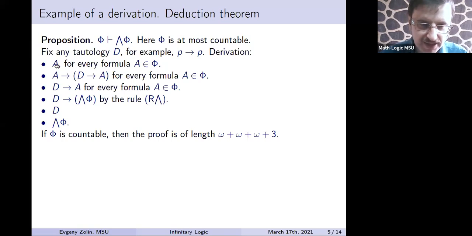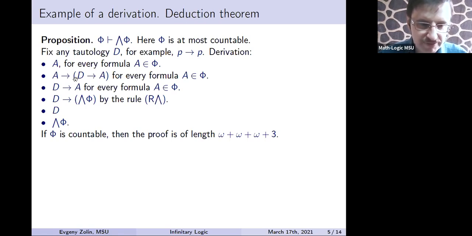Well, in fact, we can. Firstly, we write, for example, phi is A0, A1, A2, and so on. It is a countable set. We can write A0, then A0 implies D implies A0. This is the formula number 2. Then D implies A0. This is the formula number 3.